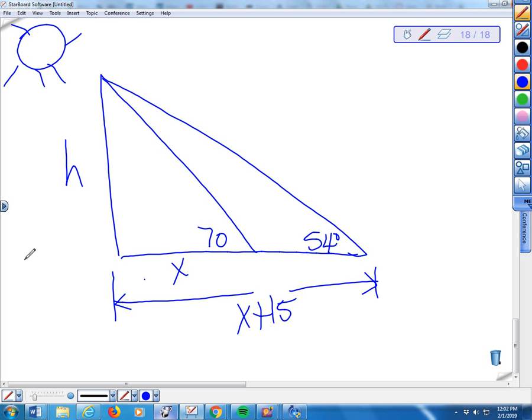Well, I can make two equations here. Tangent of 70 equals h over x. Everybody see that? Tangent of 54 equals h over x plus 15.